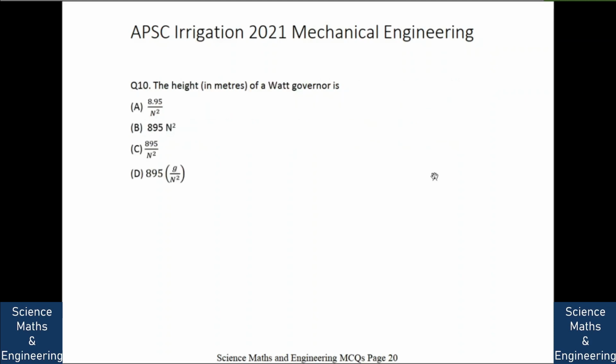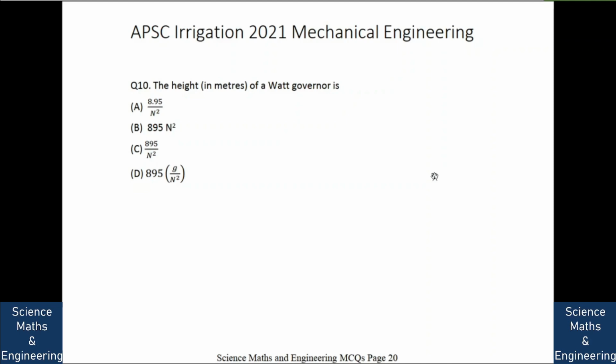The height in meters of a Watt governor is: A, 8.95 by capital N square; B, 895 by capital N square; C, 895 by capital N square; or D, 895 into g by N square.